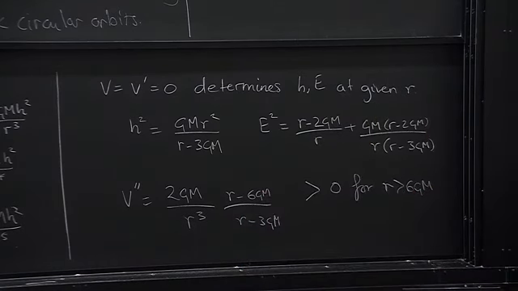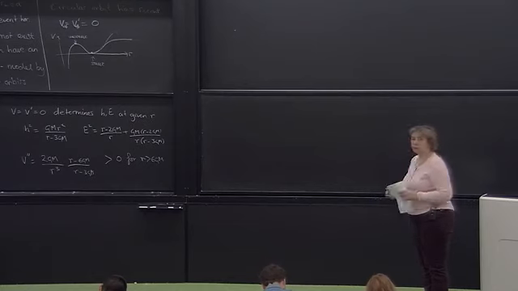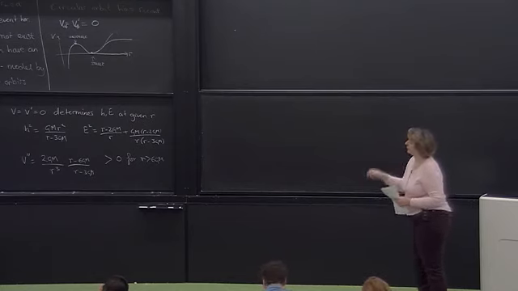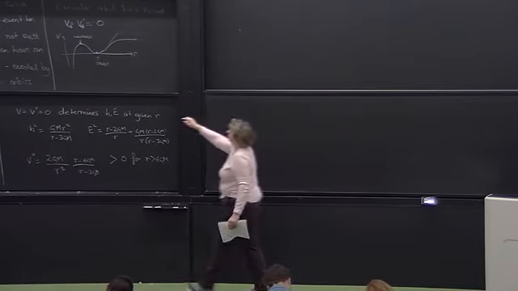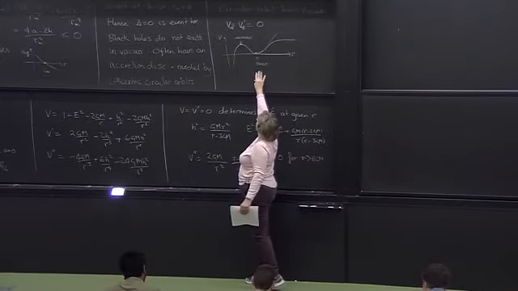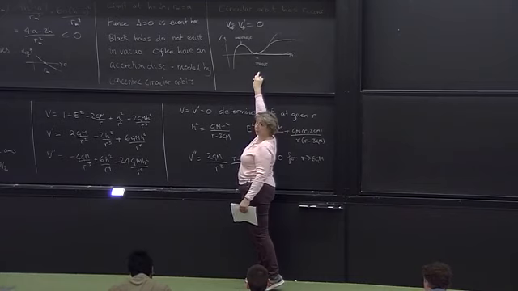However, at r equals 6GM, we have this critical point where our V double prime is 0. And so our stable circular orbit is about to disappear.